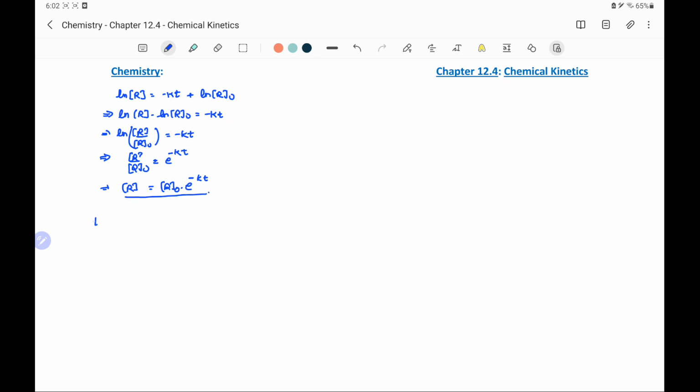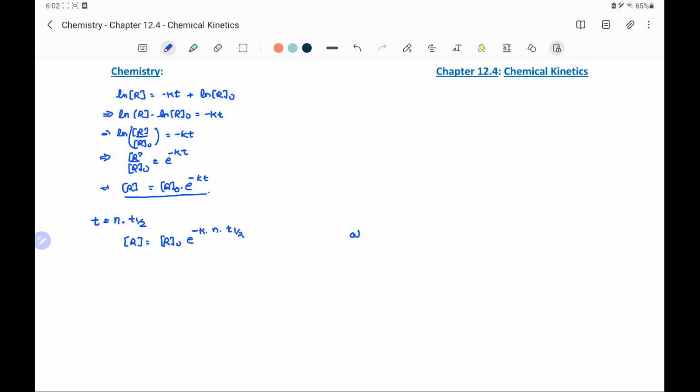Now suppose this time period t, after which the concentration of the reactant is R, comprises n number of half-lives. So replacing the value of t with n into t half, we will have concentration R equal to R0 e to the power minus k into n into t 1 by 2.